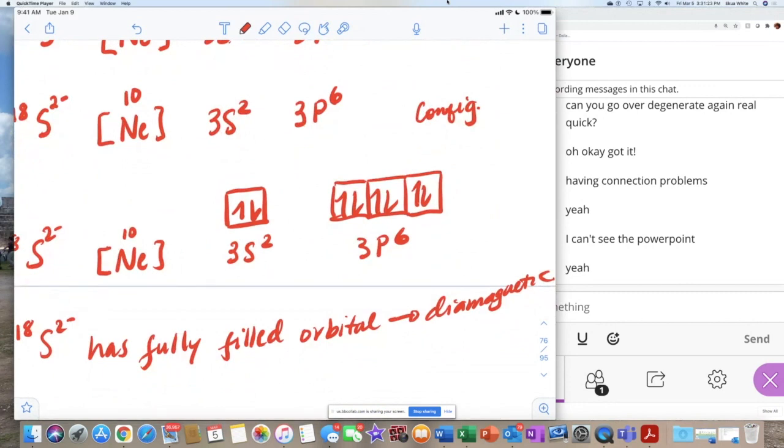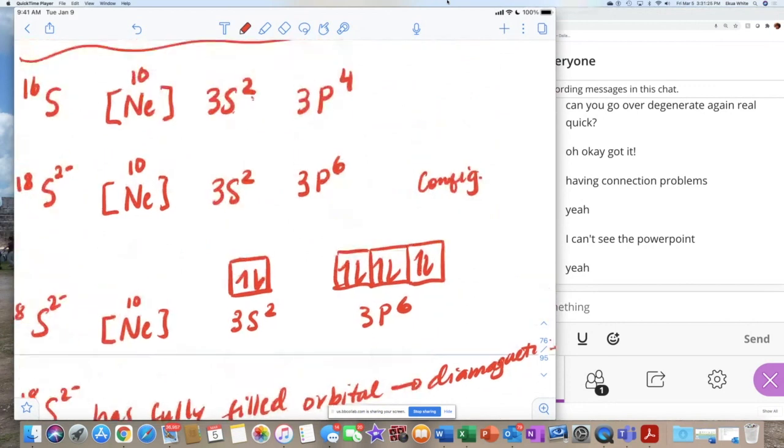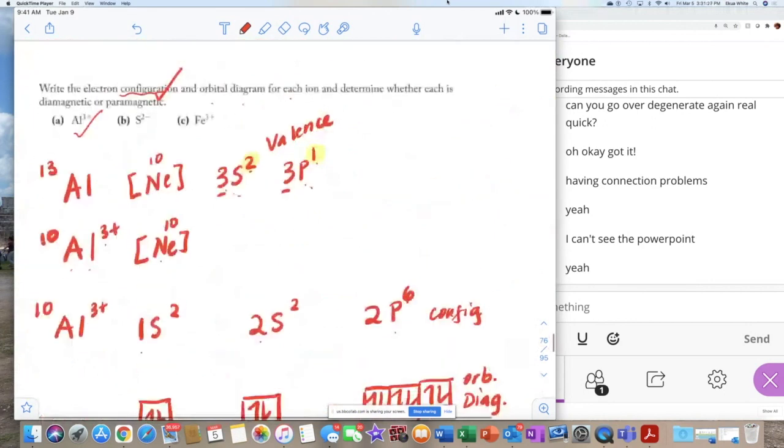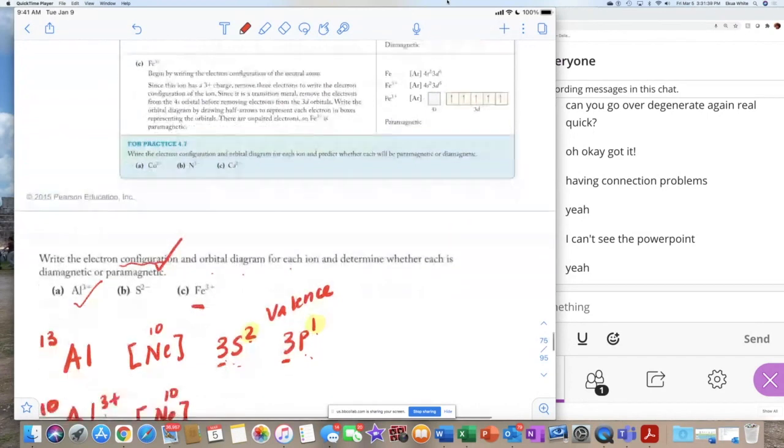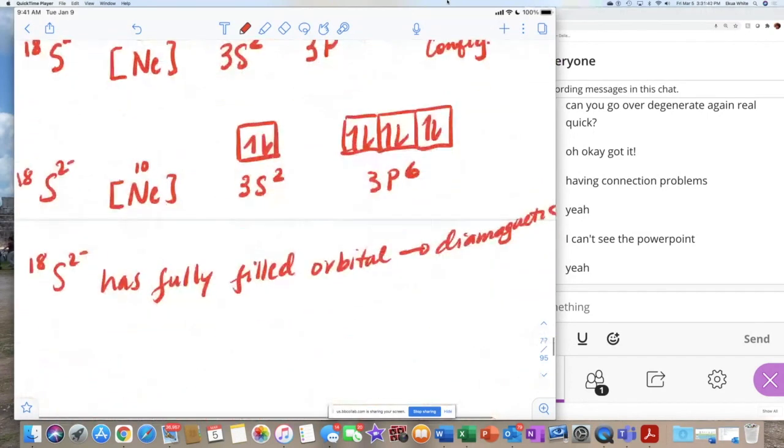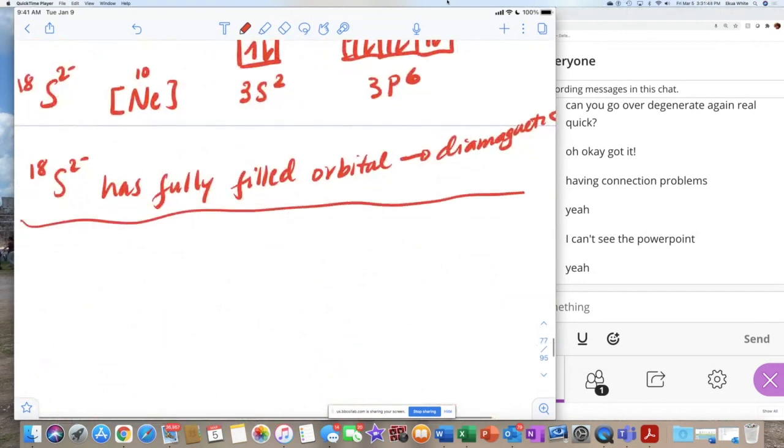Okay. Now let's look at this last scenario. In this last situation here, we're looking at iron 3. Ooh, iron 3 is that D block element. D block elements are full of surprises, right? They're not predictable. Their behavior is not predictable. So let's look at iron by itself.